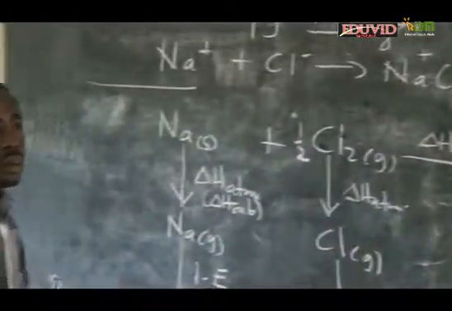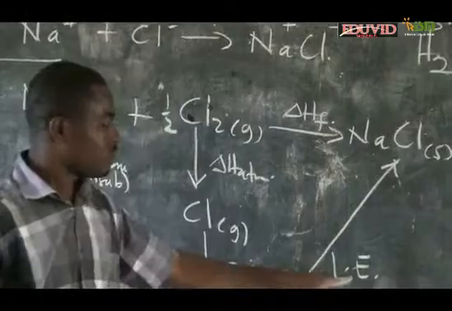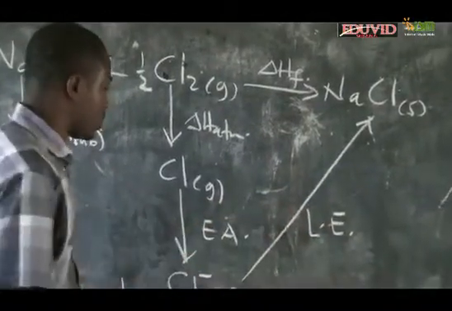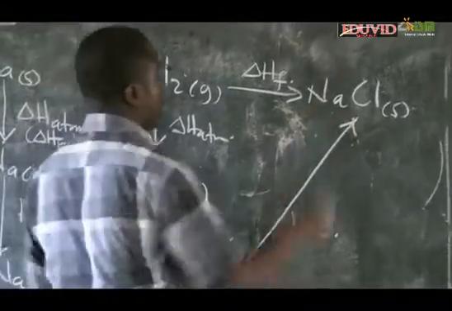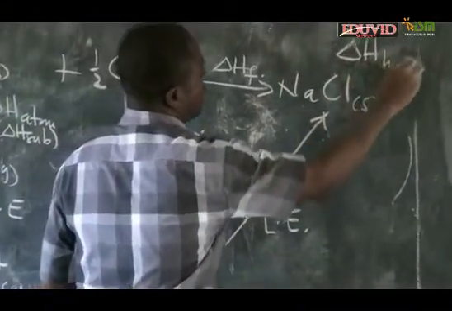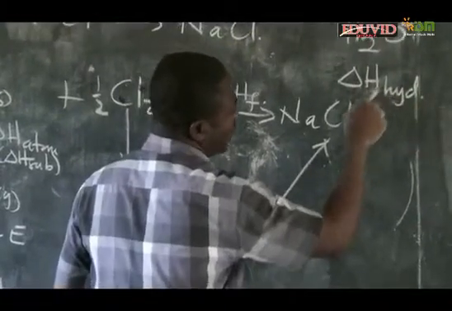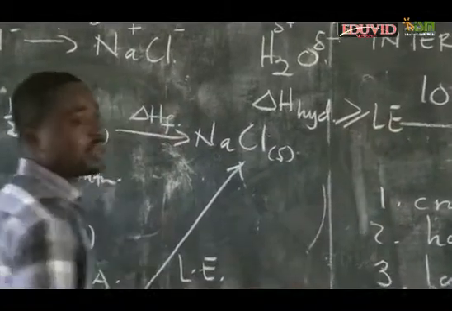Or you can also look at it this way. If you put a substance in water, the water should generate enough energy to overcome the force that holds these particles together. If the water is able to generate enough hydration energy, that is delta H hydration, it should be able to overcome the lattice energy before dissolution can take place.